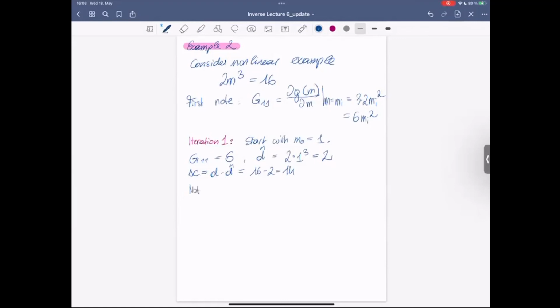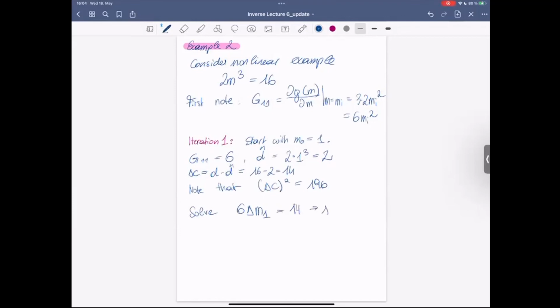Additionally, note what happens if we square this misfit here. This becomes 196. Now, as we have that, we solve for G: 6 times delta M1 equals delta C, which is 14.